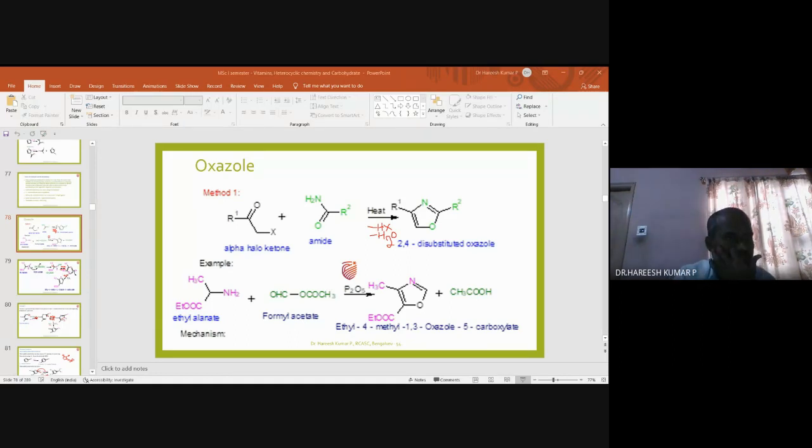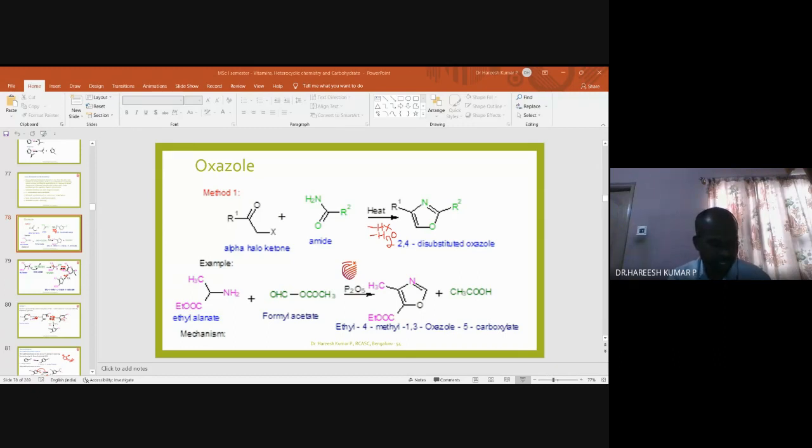Okay. Oxazole. So oxazole means in a five-membered ring, if the oxygen and nitrogen are at 1 and 3 positions, it is said to be oxazole. Here I am making R1 and R2, which may be substituents, present at the second position as well as the fourth position.